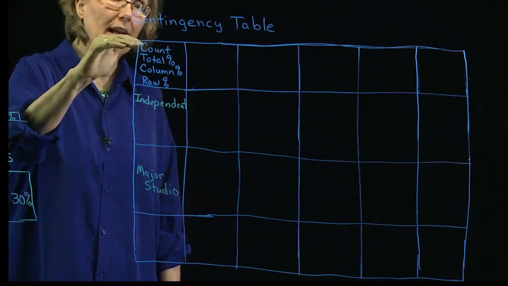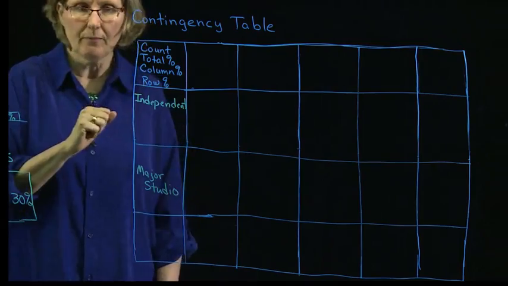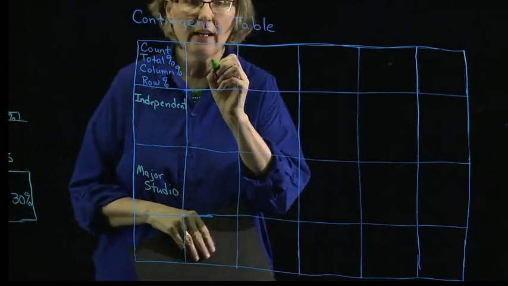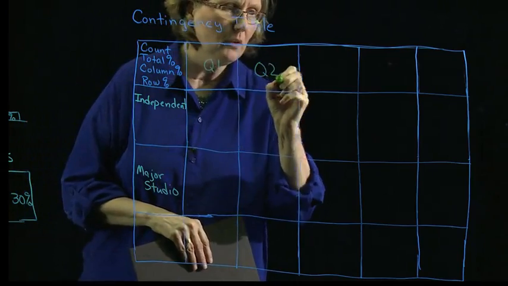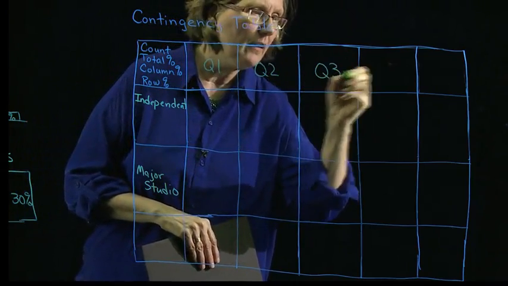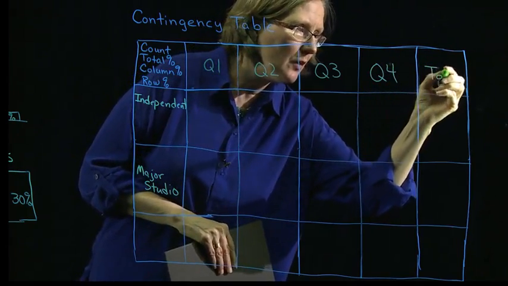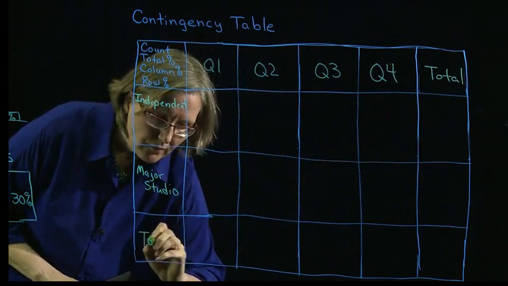It's going to contain counts, total percents, column percents, and row percents. The columns of my contingency table are going to stand for the 4 quartiles: quartile 1, quartile 2, quartile 3, and quartile 4. My last column will be a total, and my last row will be a total.